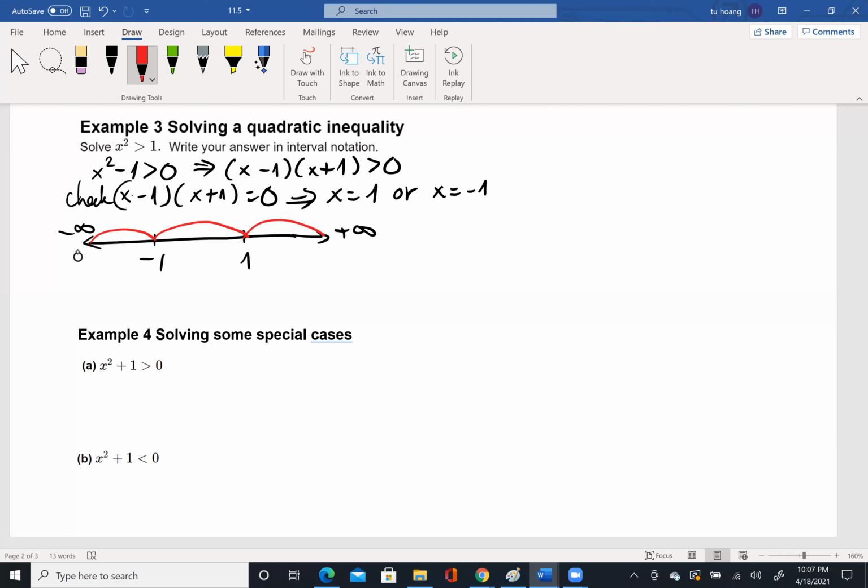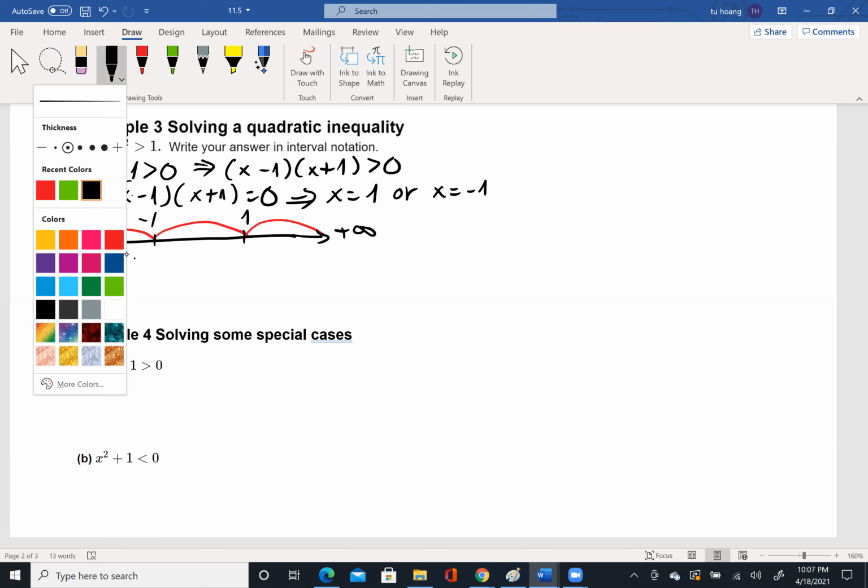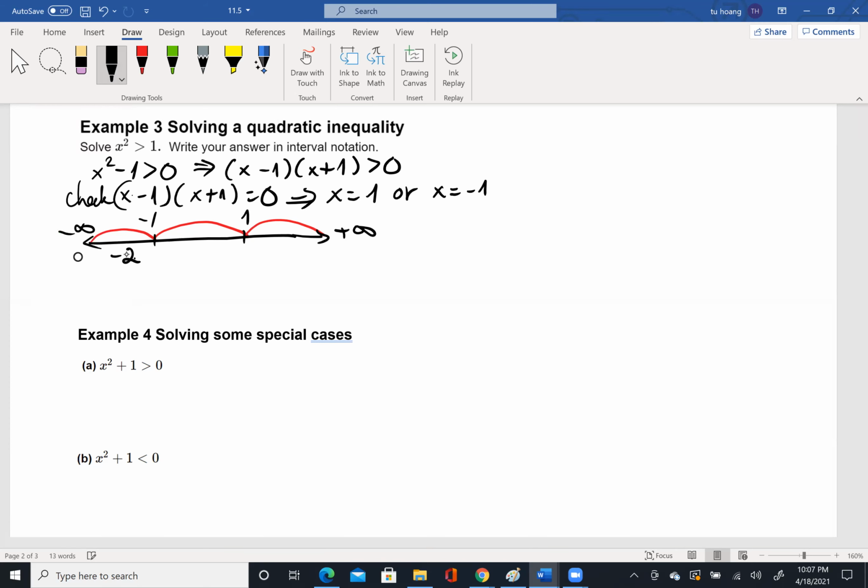So maybe I had to write this one on the top here. We're going to test some points. Before -1, I'm going to test -2. In the middle, 0. After 1, 2.